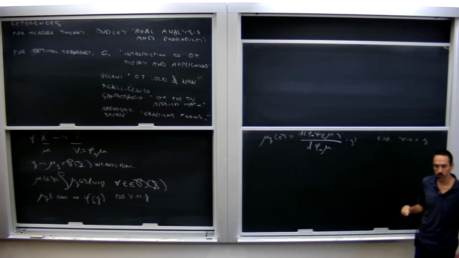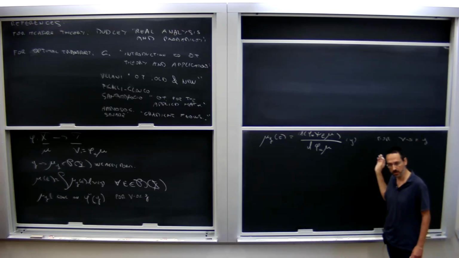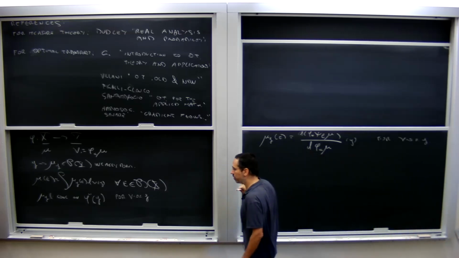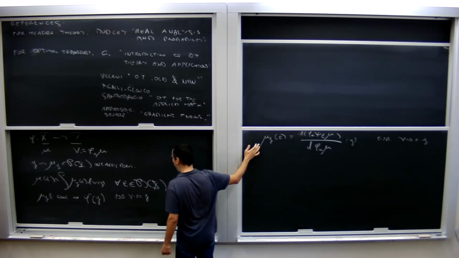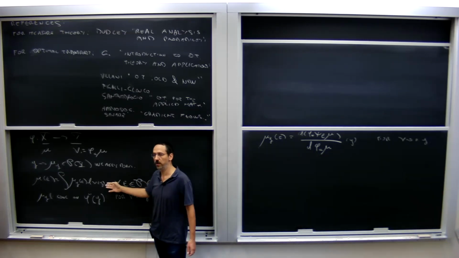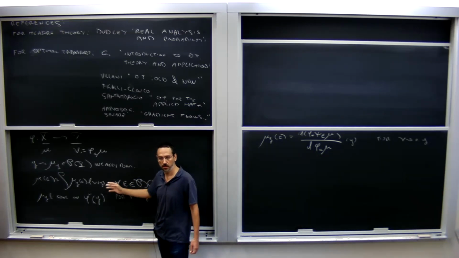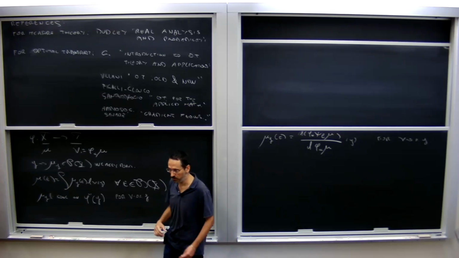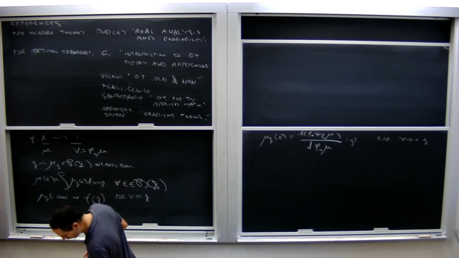So we have been able to prove that there is such a family of measures, and by definition they satisfy this identity. I still needed to prove that it is concentrated on the pre-image of y. That's what remained to be proven, and this comes from the following identity.